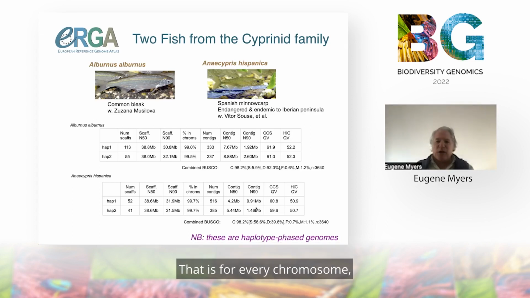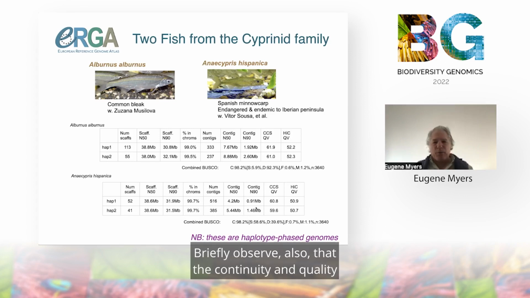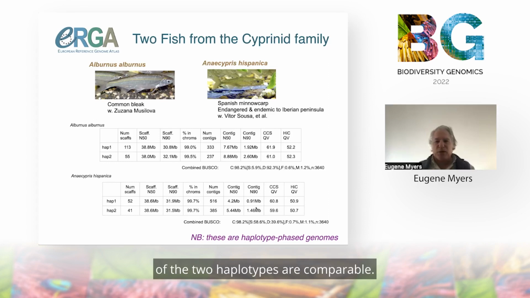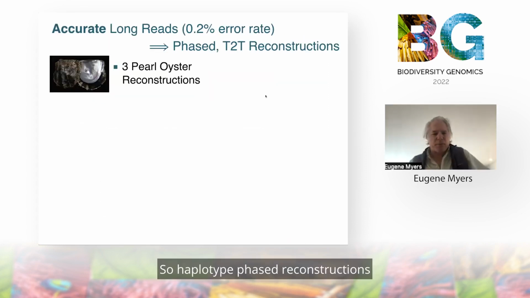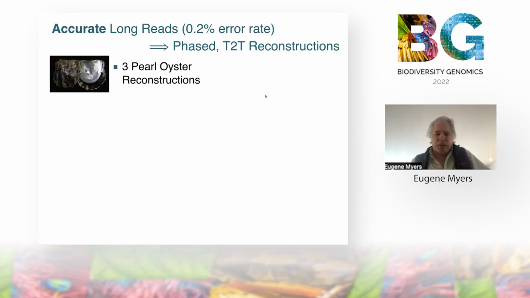That is, for every chromosome, two sequences are produced, one for each haplotype of a diploid pair. Briefly observe also that the continuity and quality of the two haplotypes are comparable. So haplotype phased reconstructions are just now becoming available.